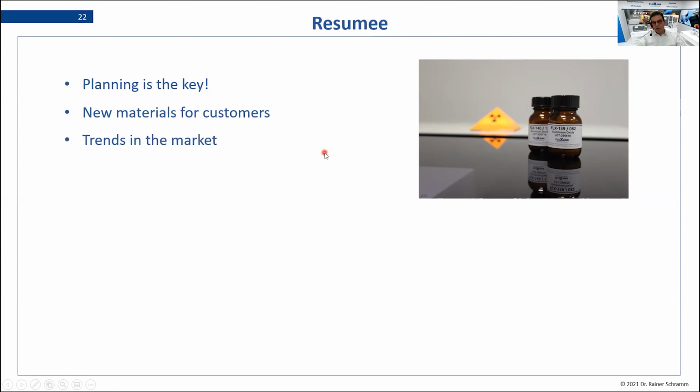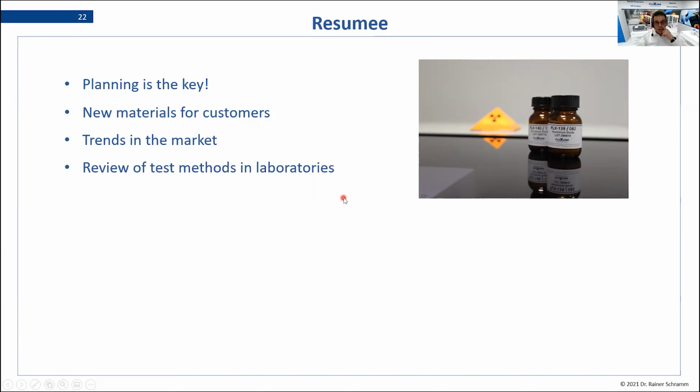We also would like to cover trends in the market. So when, for example, suddenly a new trace element becomes important in an industrial material, then we want to take this into the next round-robin study. So if you know of something, you can always give us some information.